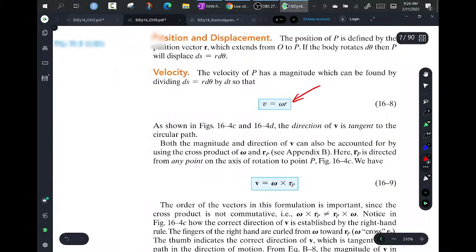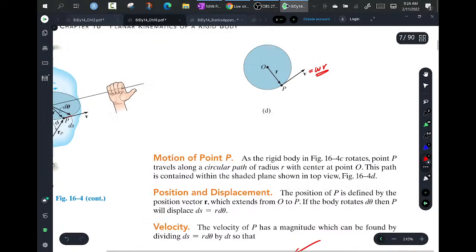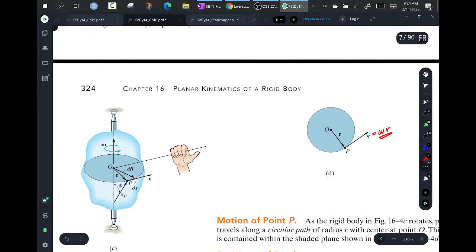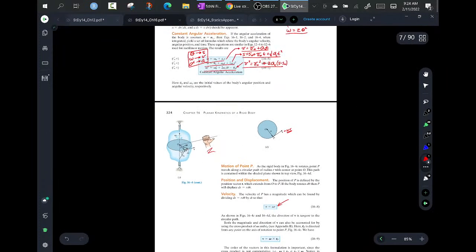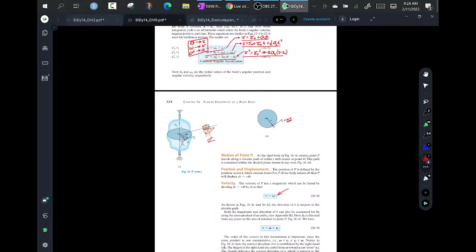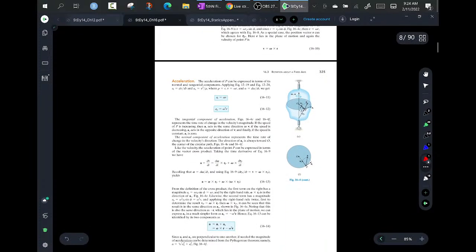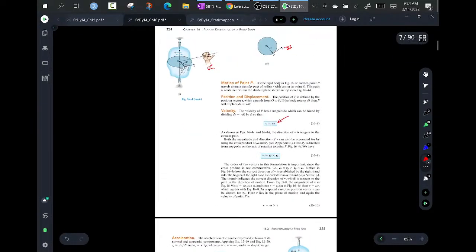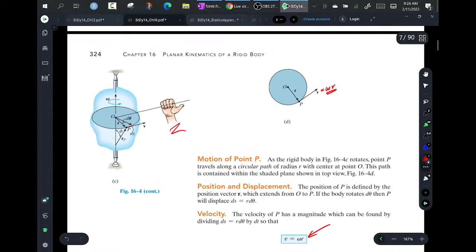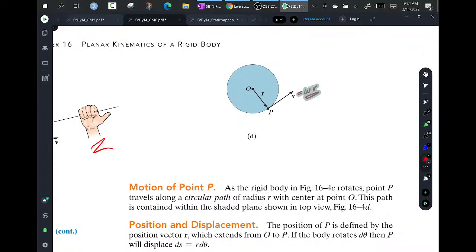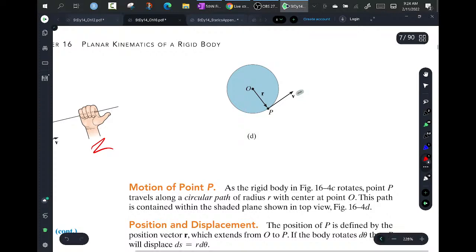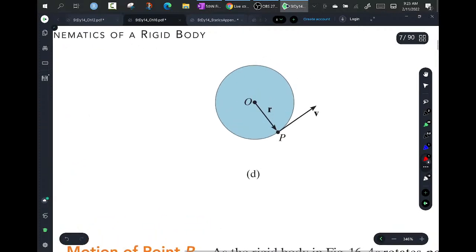Now, there's several ways you can look at this. This is a bad representation, but let me go forward and see if he has a better picture. And I don't see a better picture. Okay, so let's just use this picture. Here you are, and this will take some thinking about.